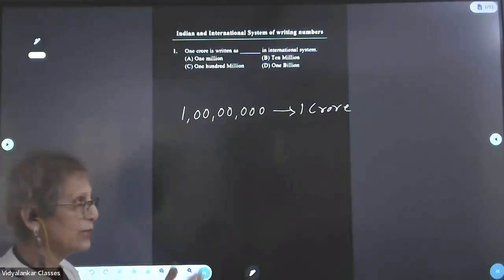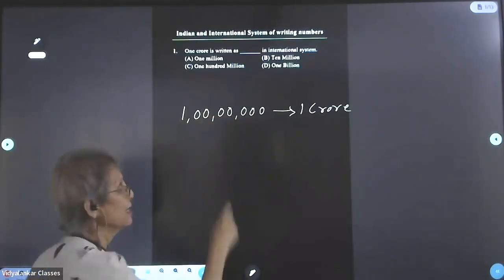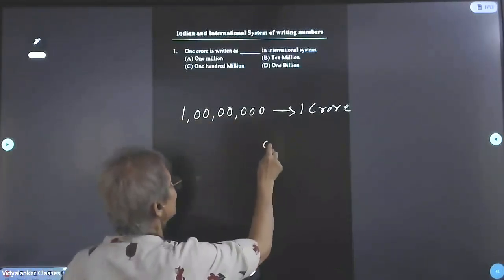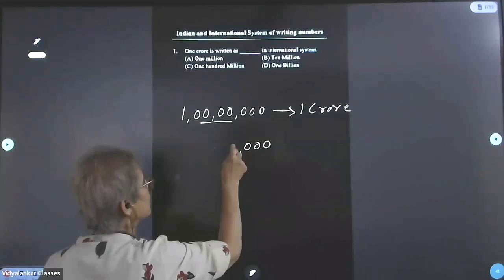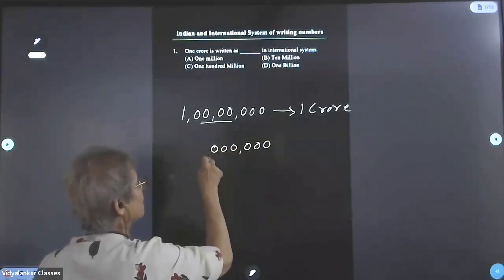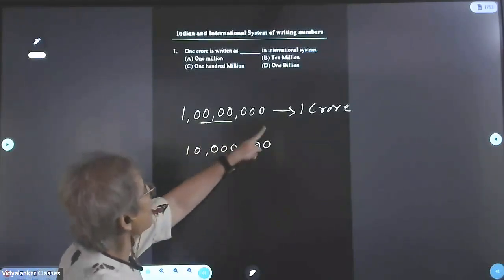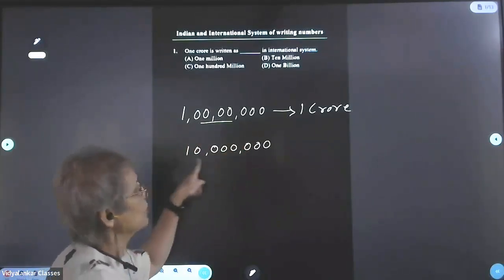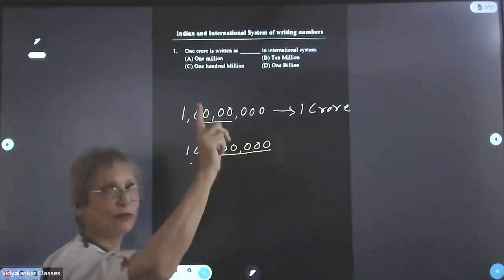In the international number system, from the right-hand side, make groups of three digits. So these 3 digits as it is. Then these 3 digits together, put a comma, and then 10. Total, how many zeros are there? 7. Here also there are 7. Now 6 zeros means 1 million.